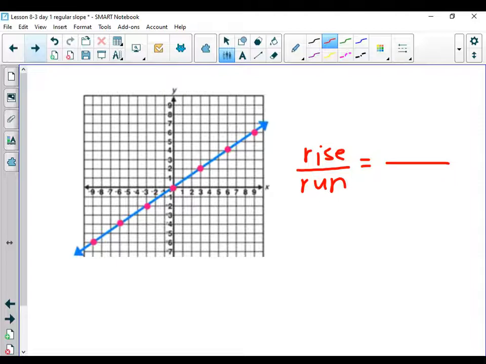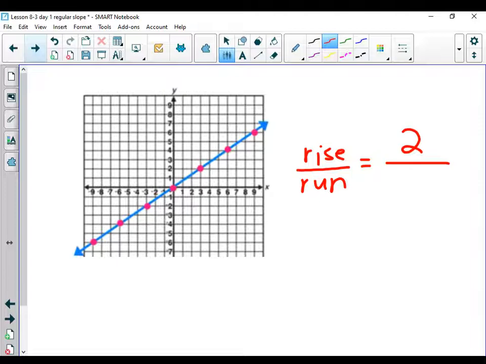Taylor and Addison and Allie and Godiva could all start on different dots and get the same rise. Did you get a rise of 2? Oh, what about this one?